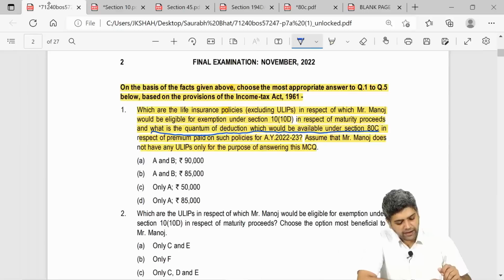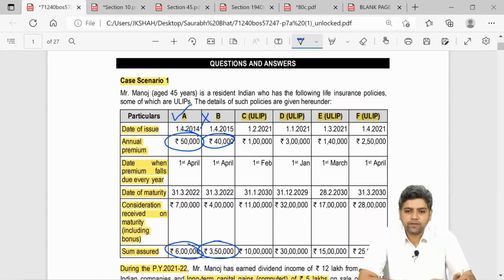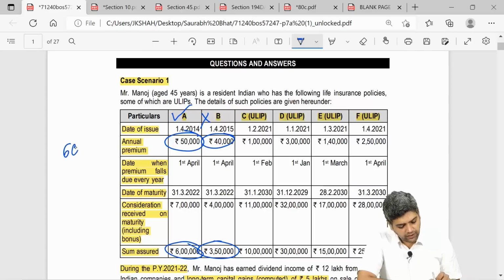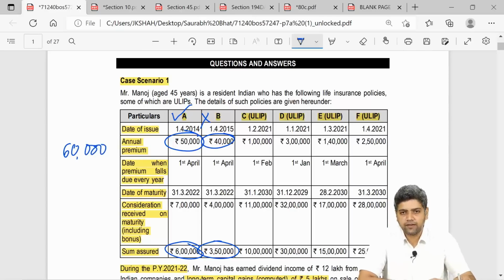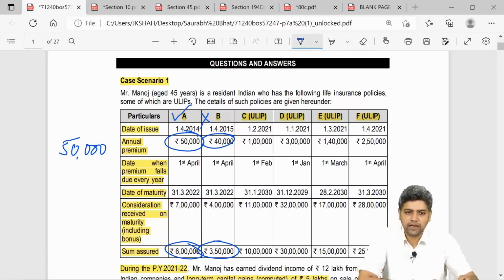So if you apply that in this example, you notice that as far as policy A is concerned, the actual capital sum assured is 6 lakhs, premium is not exceeding 10% of sum assured. So the entire 60,000 would be eligible for deduction under section 80C. Rather, not 60,000, 50,000 would be eligible for deduction under section 80C.